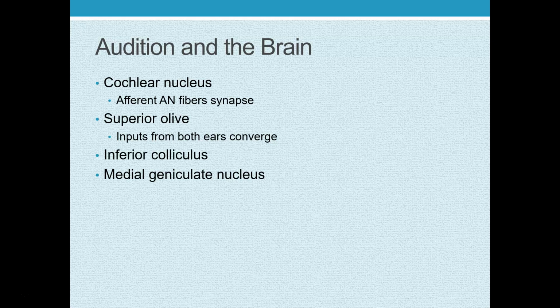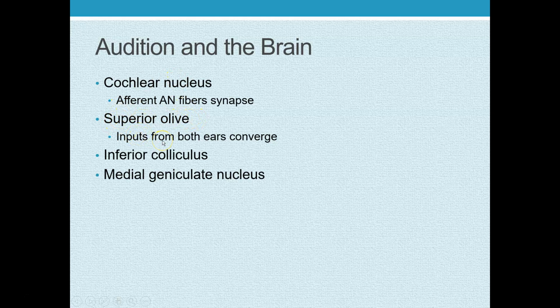Now, what's really interesting to me, and we'll talk about this more next chapter when we talk about hearing in the environment, you need to be able to notice time differences and intensity differences to be able to localize where a sound is. And so one of the things that's actually kind of interesting is that by and large, information from both ears is present in both hemispheres of the auditory system in the brain, starting at the superior olive.